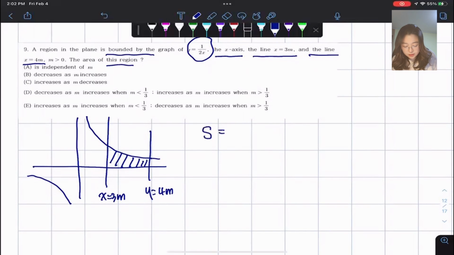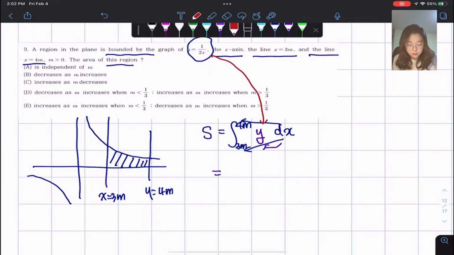Okay. I want to find the region in terms of the x-axis. So S equals the integral dx. The range is 3m to 4m. This position is the opposite variable y. Plug in this value instead of y. So the integral from 3m to 4m of 1 over 2x dx. Extract 1 over 2.